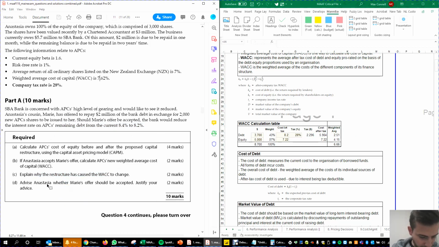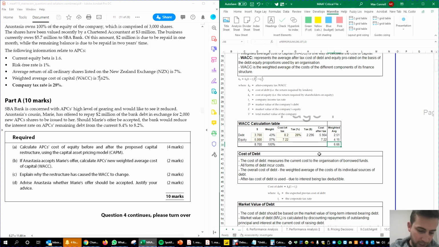Finally, for part D, we need to figure out whether or not Anastasia should actually accept Marie's offer. So the considerations we need to take into account. First of all, the WACC has decreased from 7.6 to 6.66%. This is making her overall funding position cheaper.